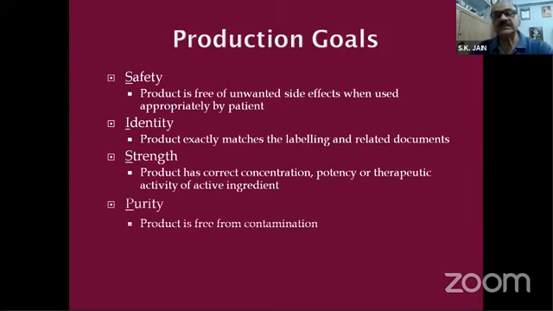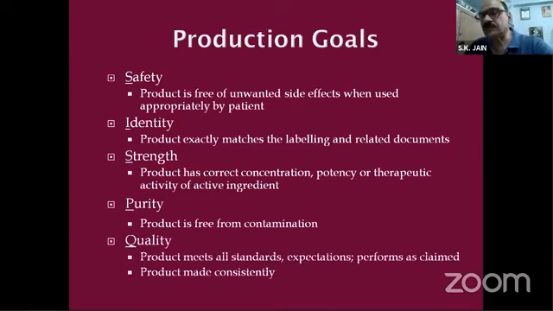Then what is the production goal of the pharma industry? The safety. Safety is our top priority, safety of our workers. The product is free of unwanted side effects when used appropriately by the patient, right?